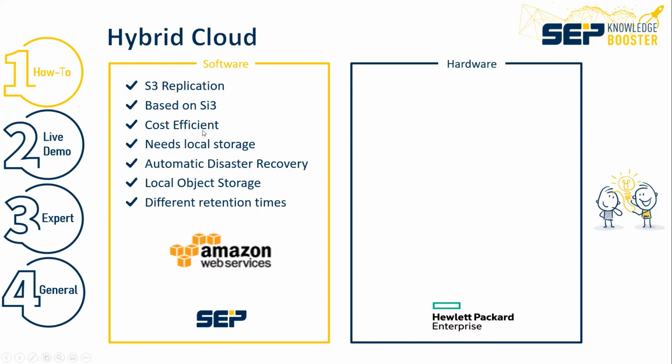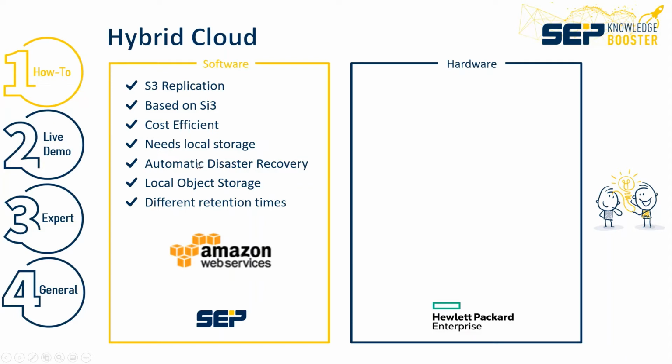It needs some local storage to replicate to S3 because it's only a replication. It's automatic disaster recovery. If the local SI3 is not available, the data will be retrieved from AWS, and it will set up the local storage and then restore automatically from the local storage. It's done in the background.